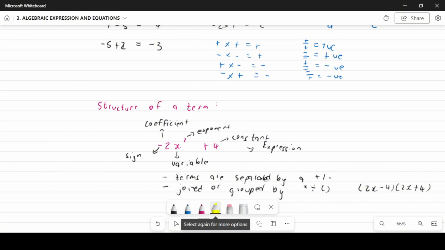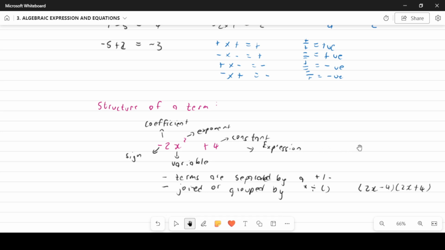A binomial meaning that there's two terms. There's one term here, there's one term here, because it groups. So in this bracket, there's two terms. In this bracket here, there's two terms. But if you look at this as a whole, there's two terms. This is one term and that is one term. That's why we call it a binomial. Okay, so that's basically what you need to remember for the structure of a term, right?